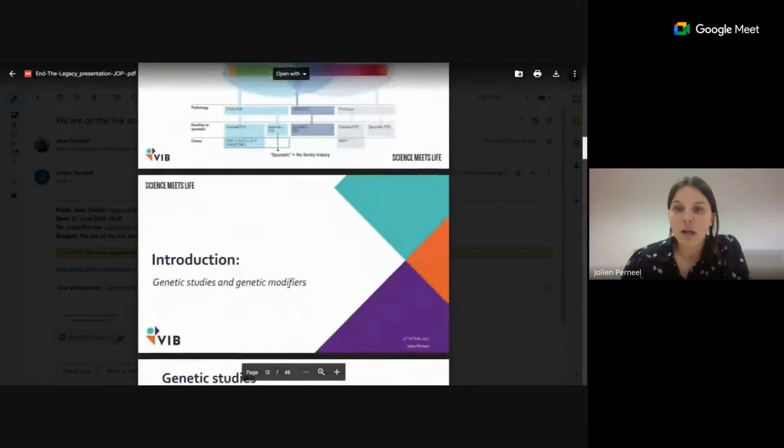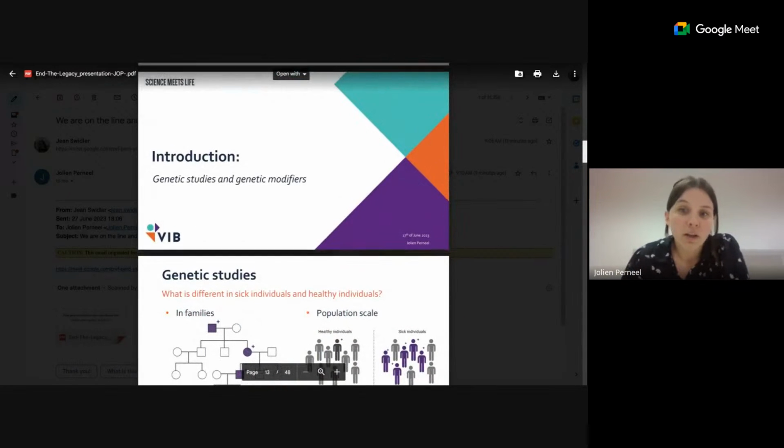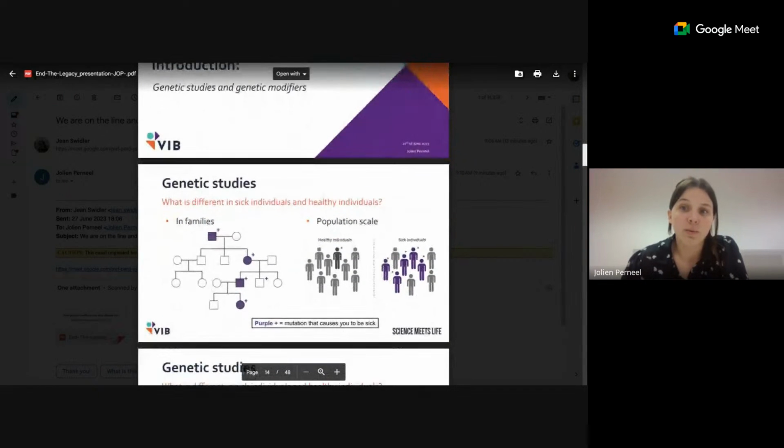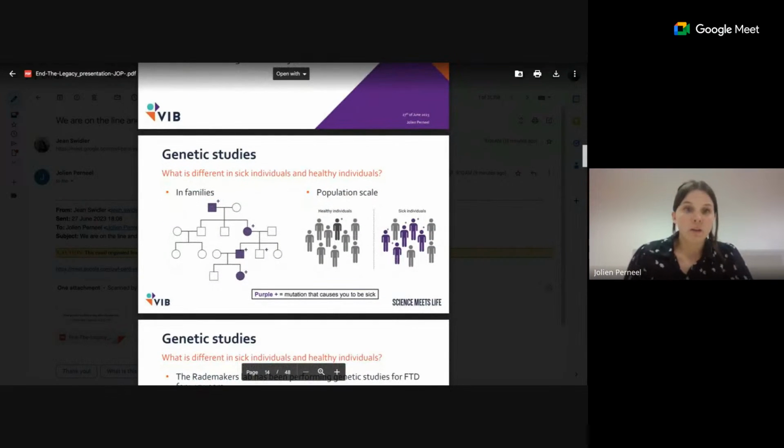So in the next few slides, I will go over how we find these genes in both familial and sporadic individuals. And I will first introduce to you the concept of genetic modifiers. To identify genes that have mutations and cause disease, we perform genetic studies where we compare healthy individuals with sick individuals, and we look for differences in the genetic code.